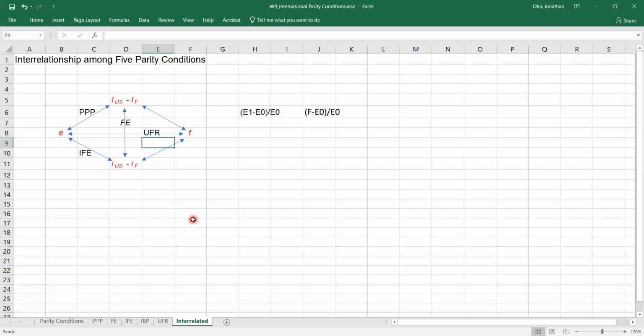And one more. Which one connects these two? This is forward premium. Forward premium should be equal to relative interest rate. Anybody?